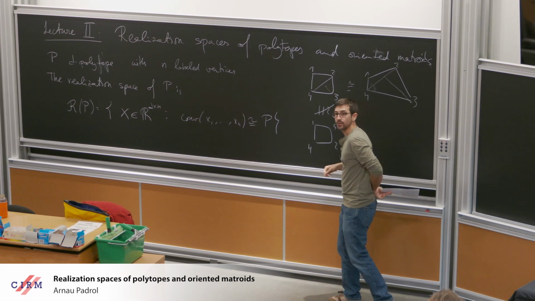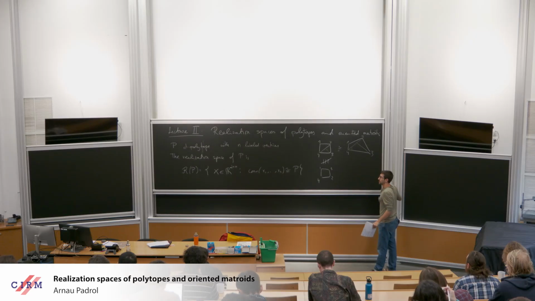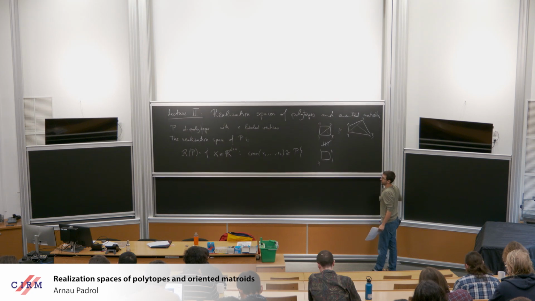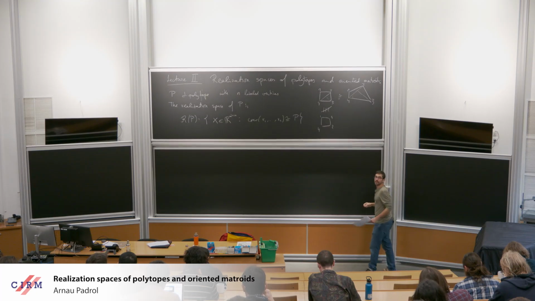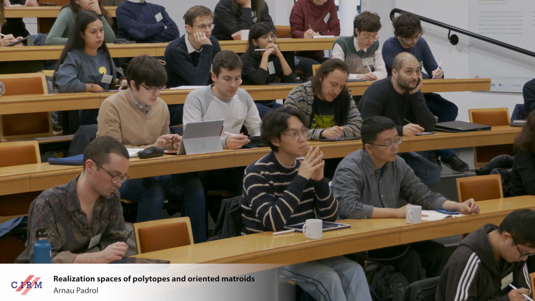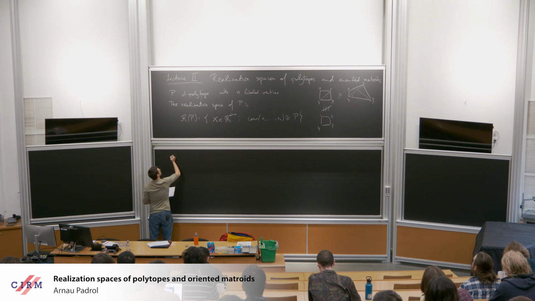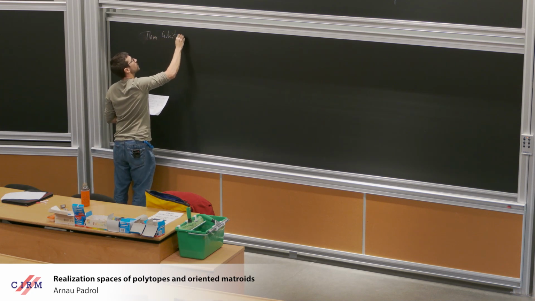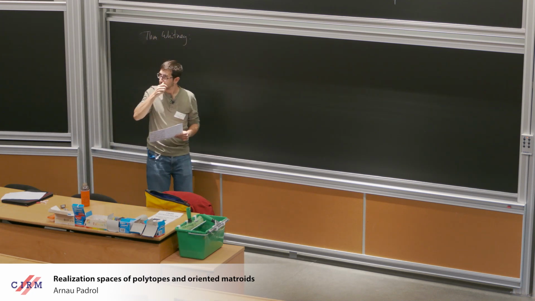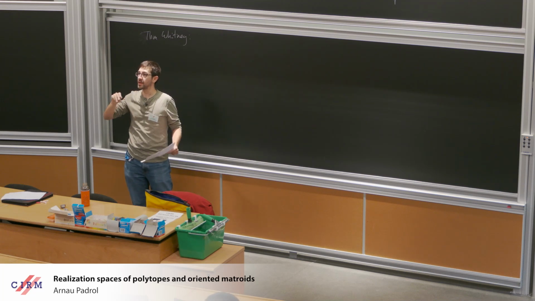In dimension 3, things are nice still, and this is mainly due to Steinitz's theorem. So I'll need another result first, which is Whitney's theorem, which we can summarize as: a three-dimensional polytope is determined by its graph.